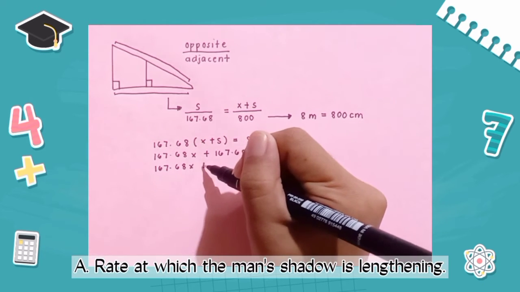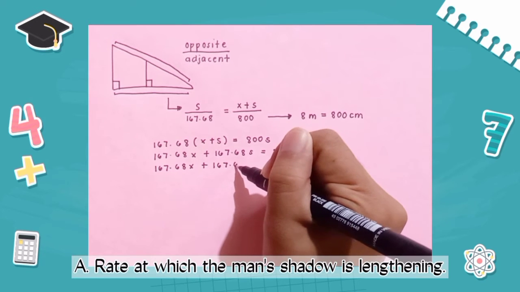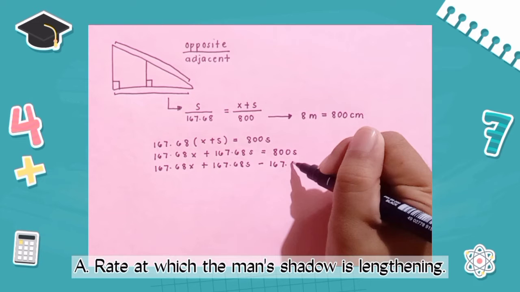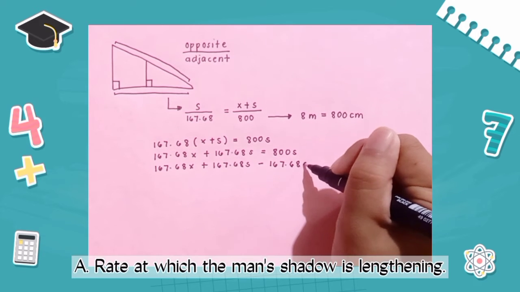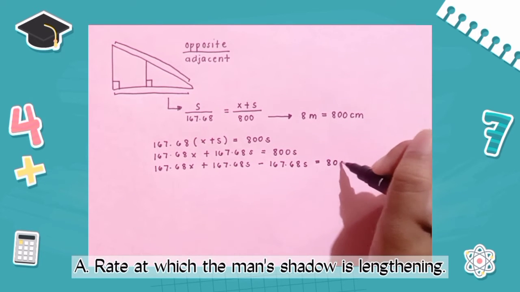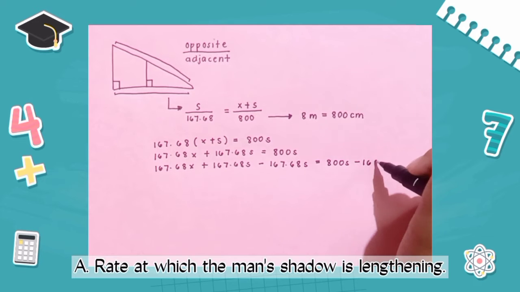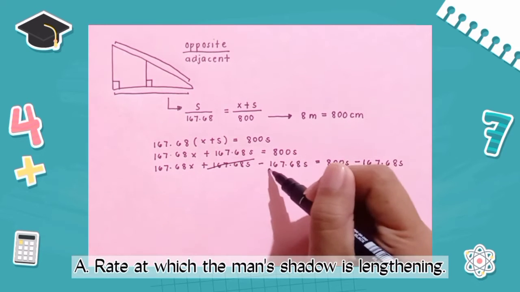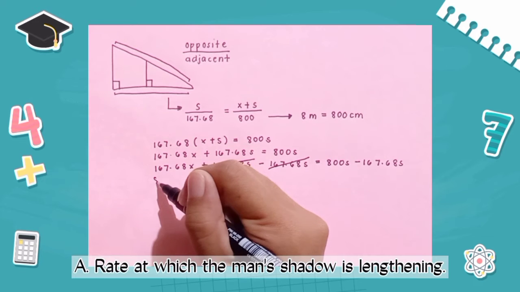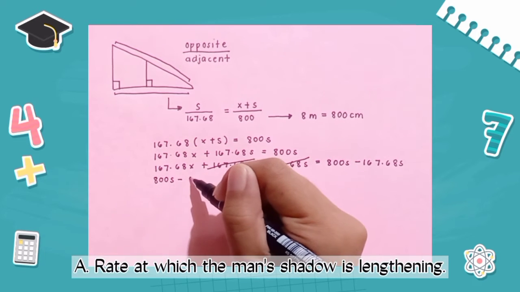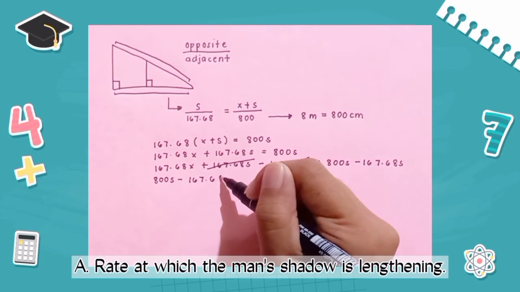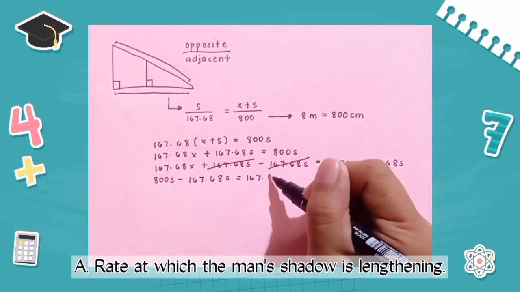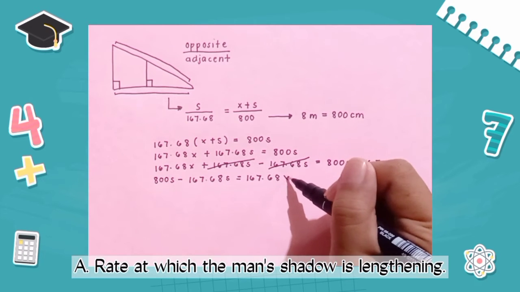Now, we add both sides with negative 167.68S in order to remove it on the right side. We have now 800S minus 167.68S equals 167.68x.